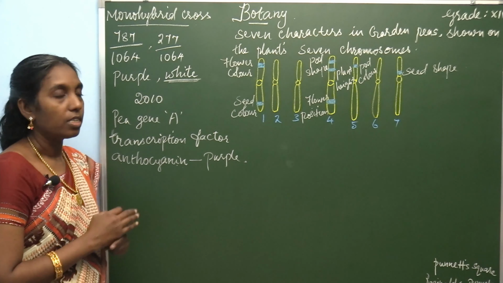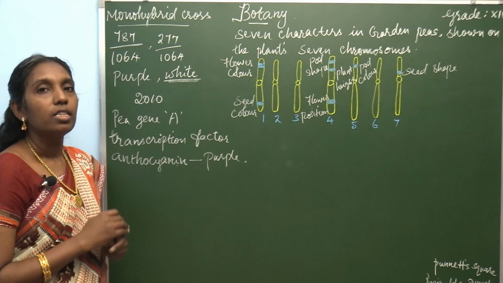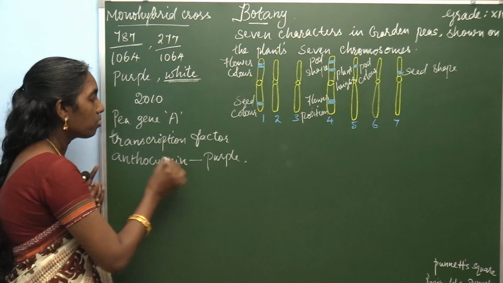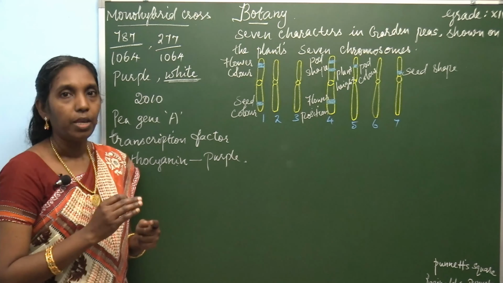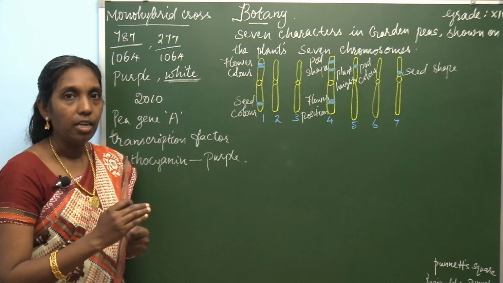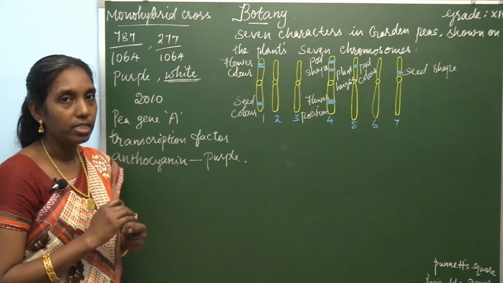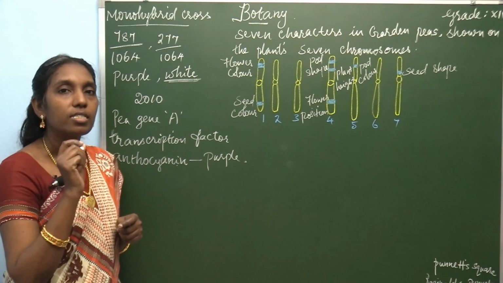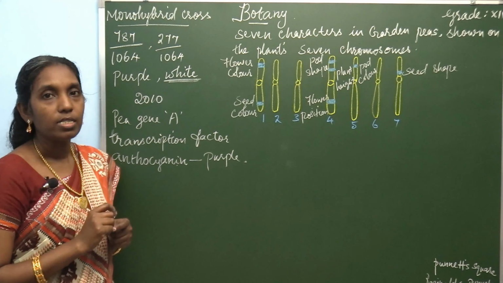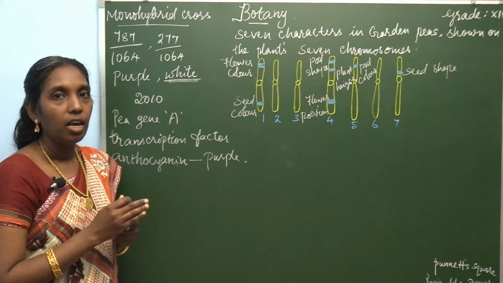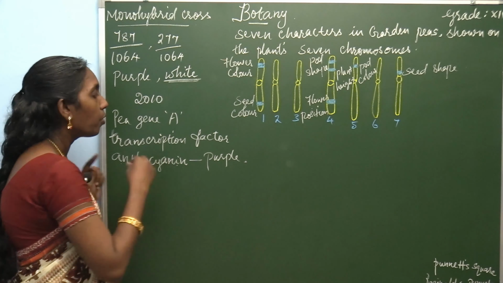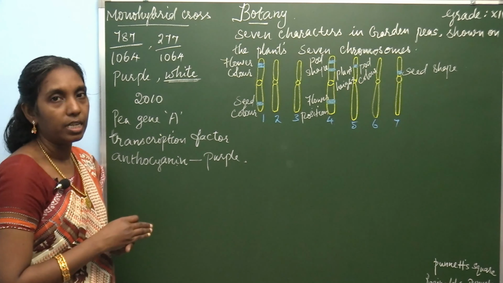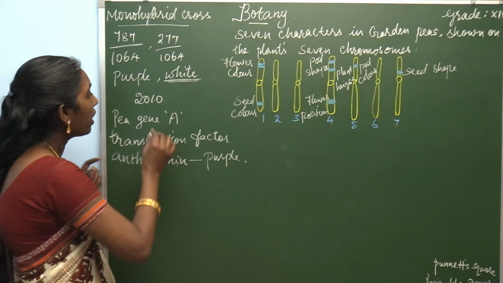So the team of researchers introduced the P gene A, by the gene gun method, into the petals of the white color flower. When the P gene A was introduced as a single sequence, it changed the cell and produced anthocyanin pigment, and it became purple color. But what about the white color flowers?